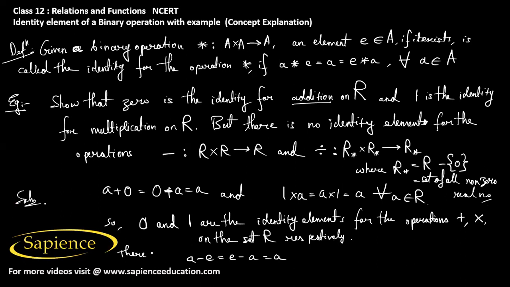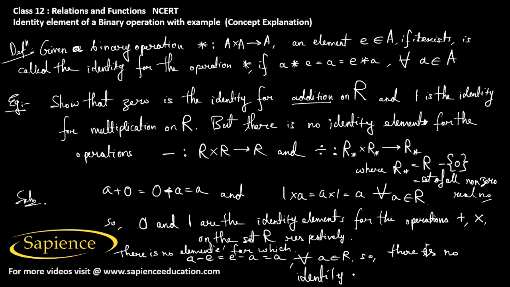So we can say that there is no such element e for which a minus e equals e minus a equals a, for all a belongs to R. So there is no identity element for the operation subtraction which maps from R cross R to R.